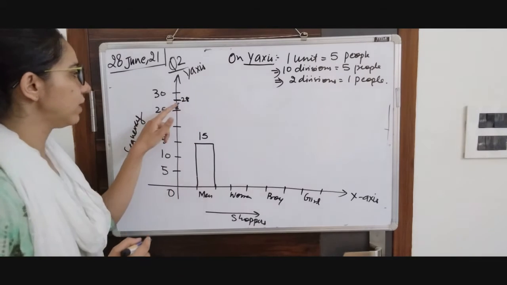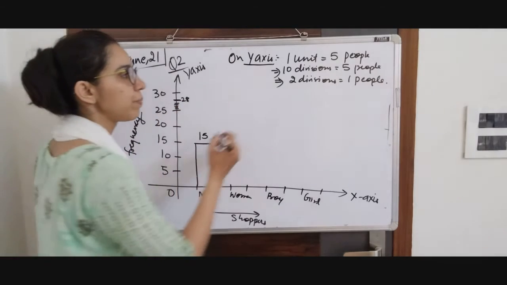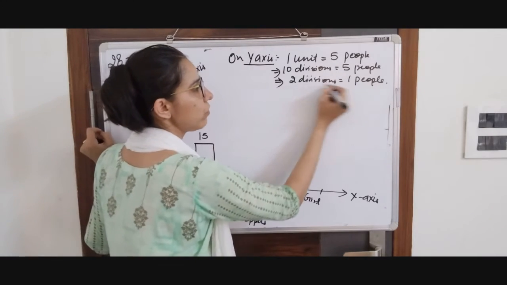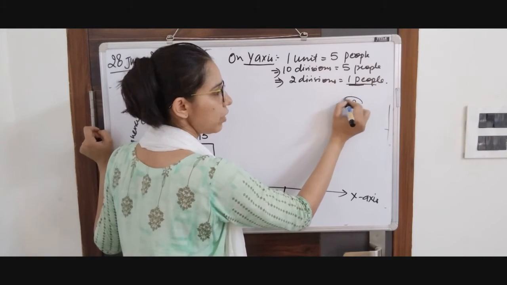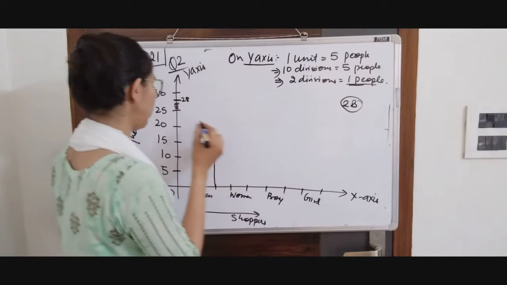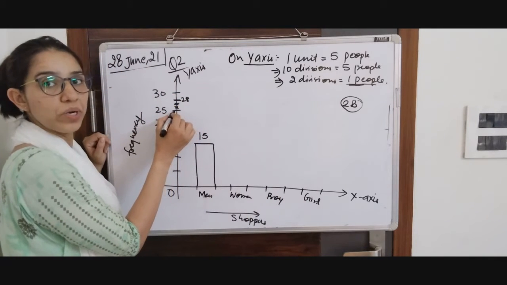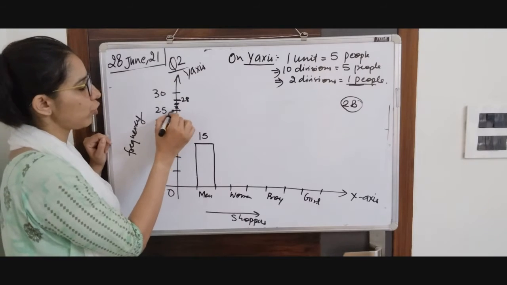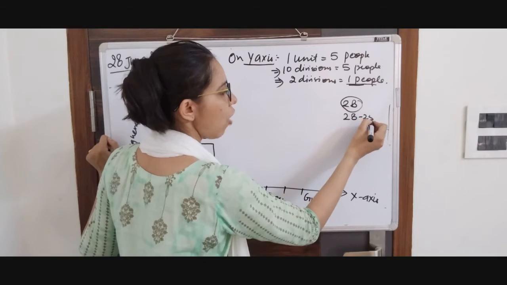I'm going to repeat again how I'm going to find 28 in my graph. I found out that 2 divisions are representing 1 person. I want to show 28 people. I know where 25 is, I know where 30 is, but I don't know where 28 is. It is going to be after 25.